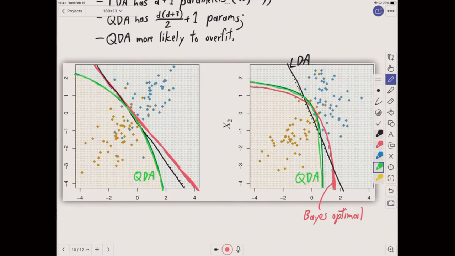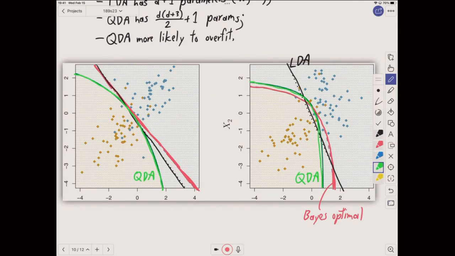It turns out that in the example on the left, LDA does better than QDA. And in the example on the right, QDA does better than LDA. It's just a better fit to the Bayes decision boundary.